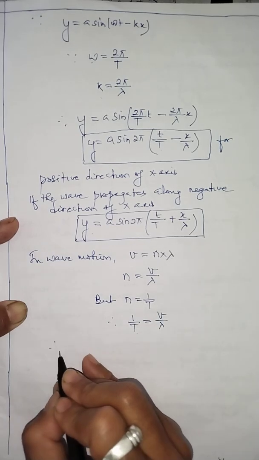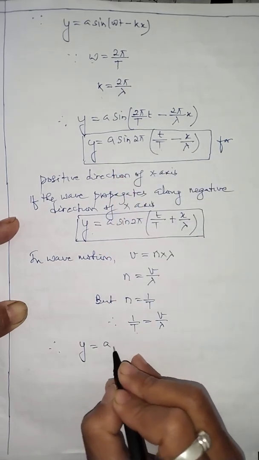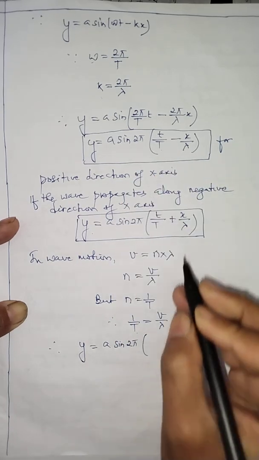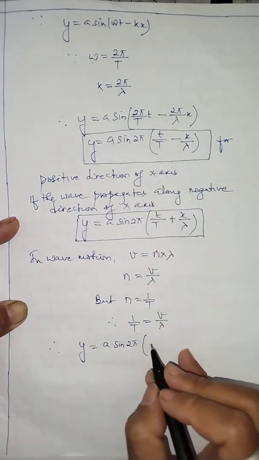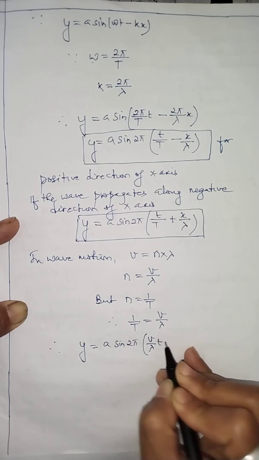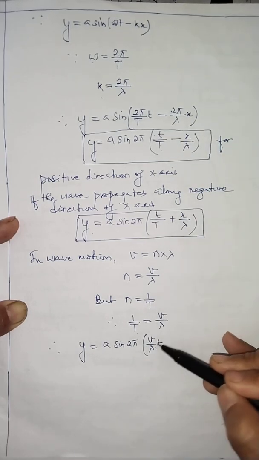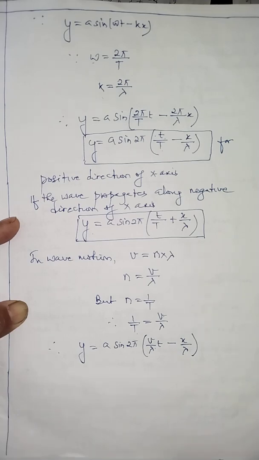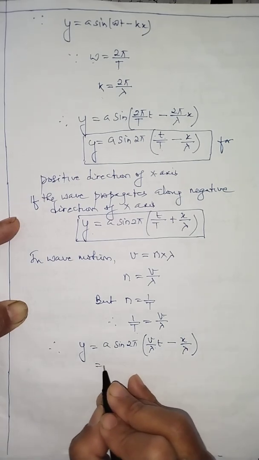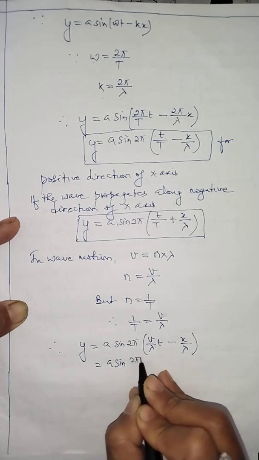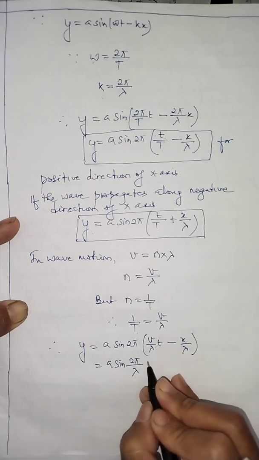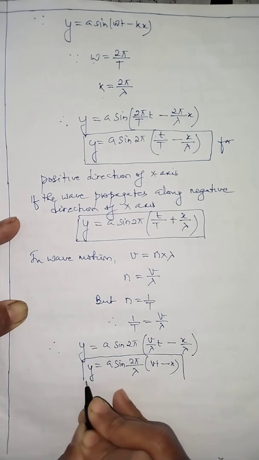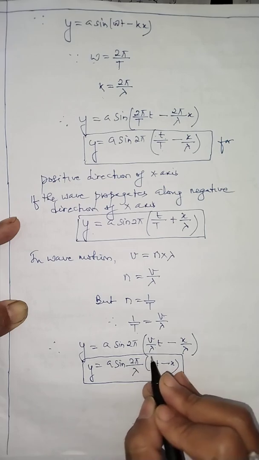So the relation can be further written as y equals a sine 2 pi, bracket, (v by lambda) into t minus x by lambda. I replace 1 by T by v by lambda, and there is already the x by lambda term. So we can take lambda common from this bracket: y equals a sine 2 pi by lambda bracket vt minus x.